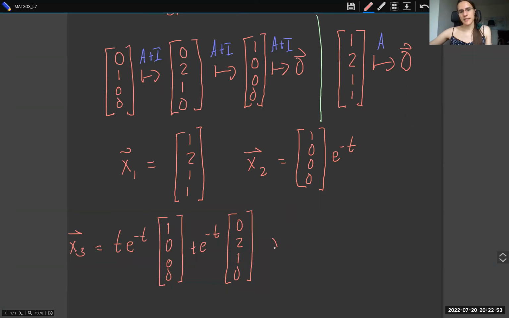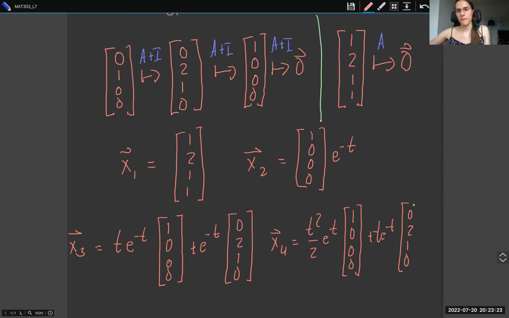And x4, which is probably not going to fit, is going to be t squared over 2 e to the minus t, 1, 0, 0, 0, plus t e to the minus t, 0, 2, 1, 0.